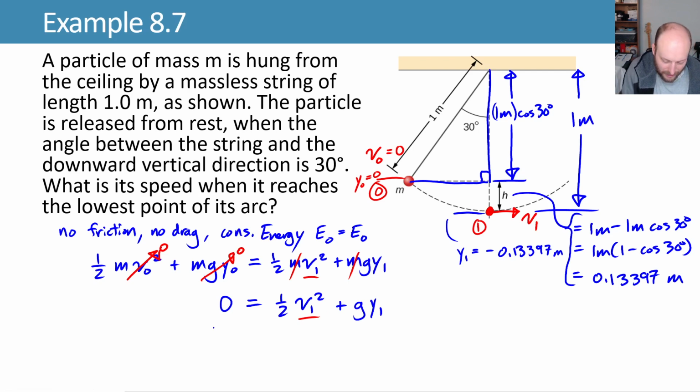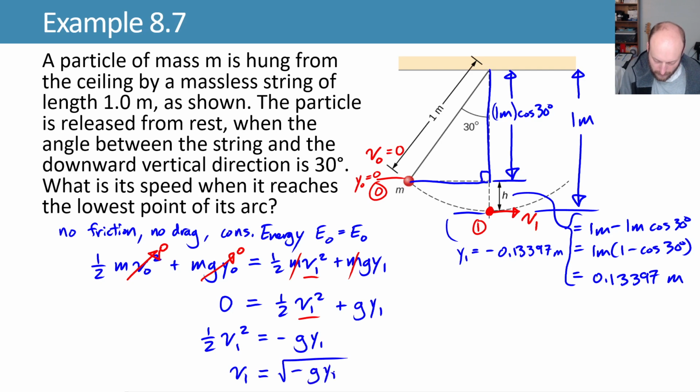Yeah, we can do additional steps here. We have room on the screen. And then multiplying by 2 and taking the square root of both sides. Luckily, y1 is a negative, so the negatives cancel. Otherwise, taking the square root of a negative there would be a little bit tricky.